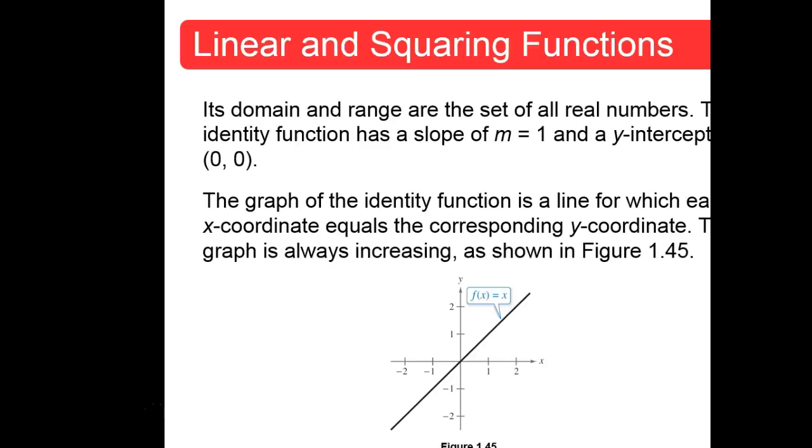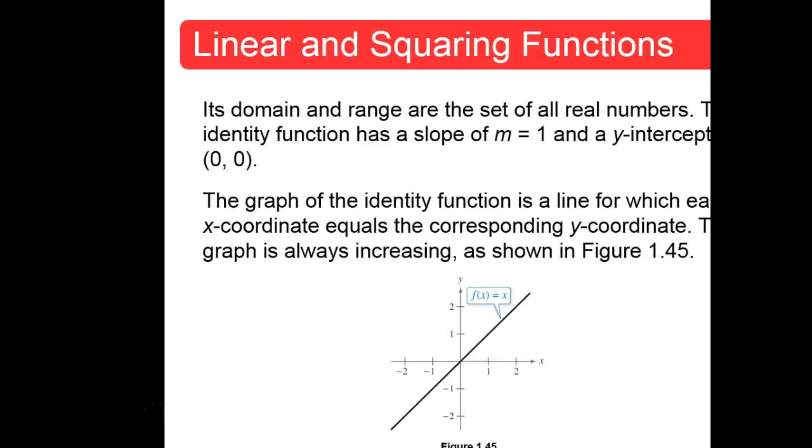So what does this graph look like? It's a straight line. You're absolutely right. What's the slope? F of x equals x. 1. What's its y-intercept? Do you see one?